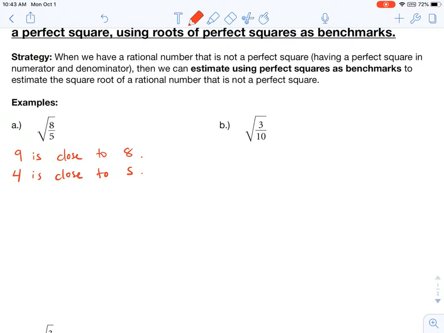So then what we do is we take the square root of 8 over 5, and we can say that it is close to, so this equal sign with a dot on top means close to, the square root of 9 over 4. But we know that 9 over 4 is equal to 3 over 2.